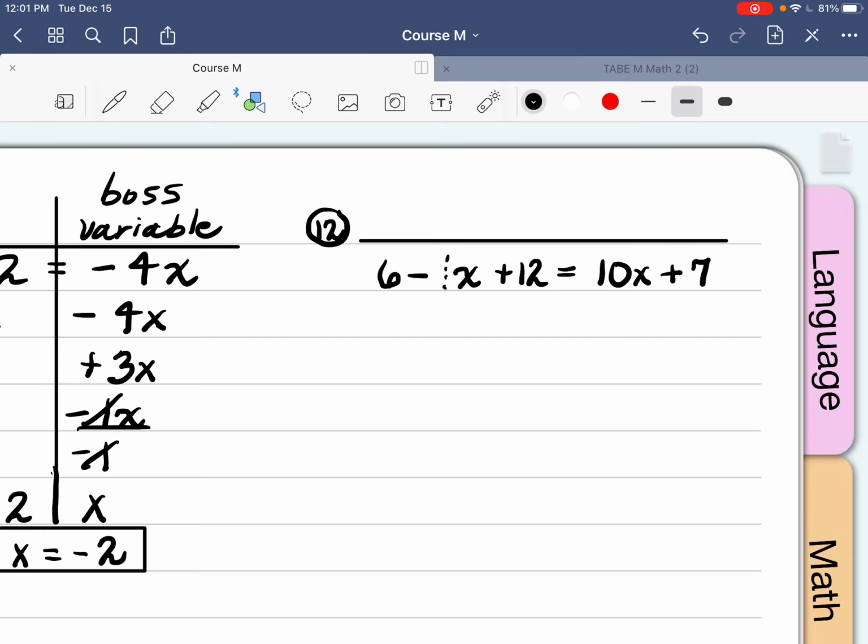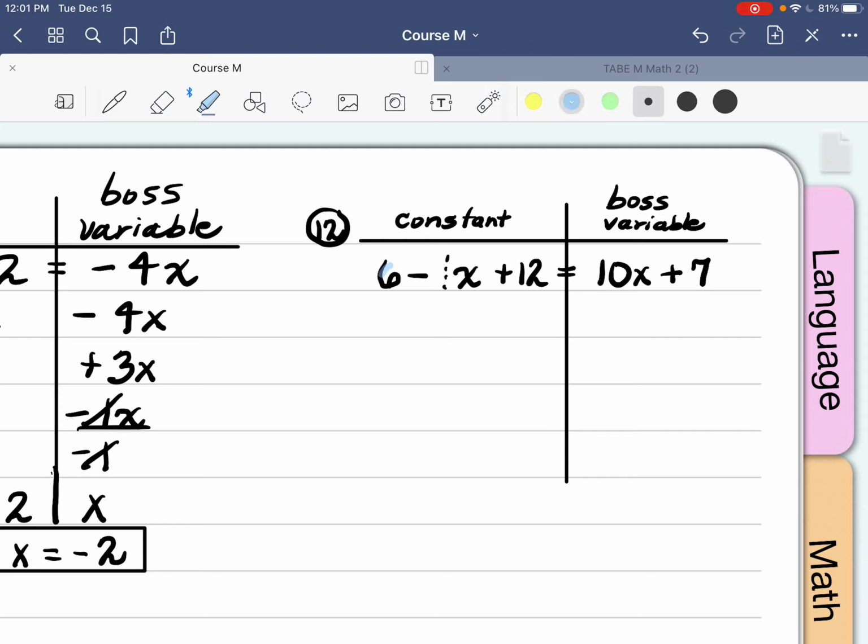And draw your power t. I have a negative 1x and a 10x, so I'm going to let my boss variable be on this side. And then I'll bring all the constants to this side. And I already have 2 constants over here, so let's combine those.